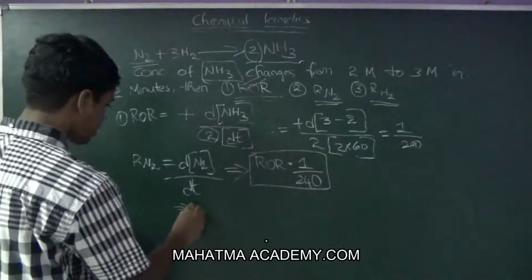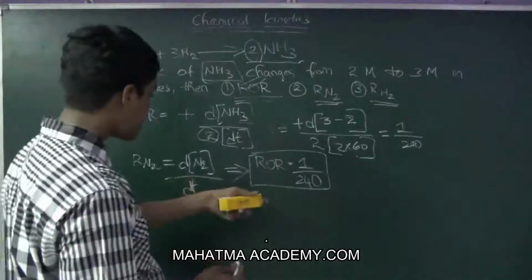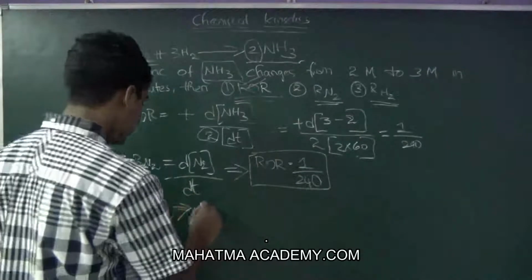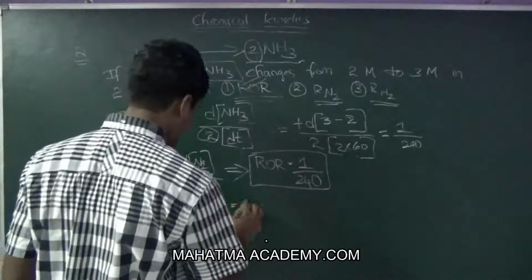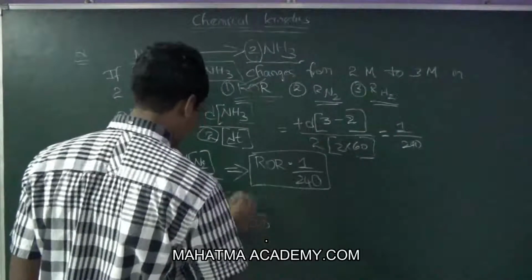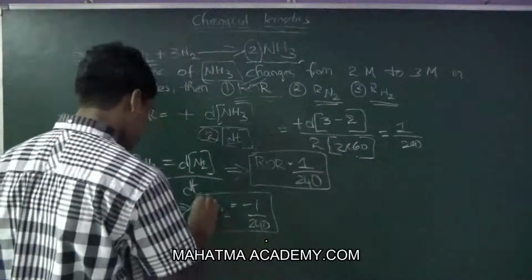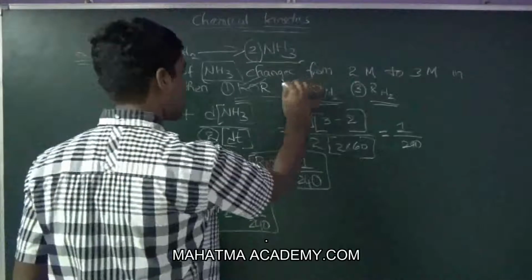Now we have got that it is the same. So R of N2 is equal to minus 1 upon 240.